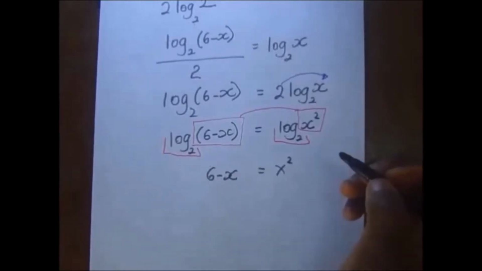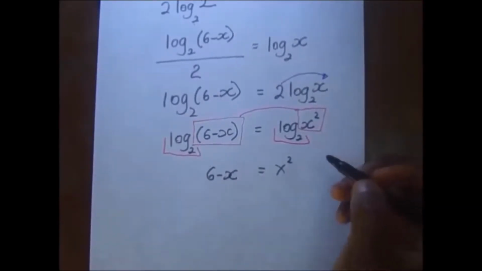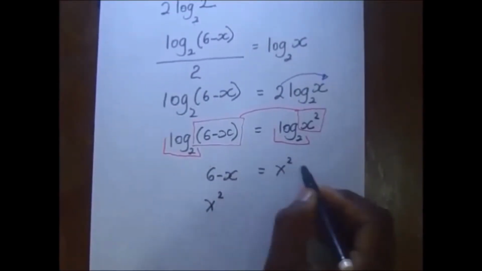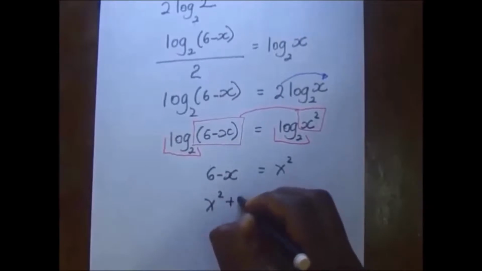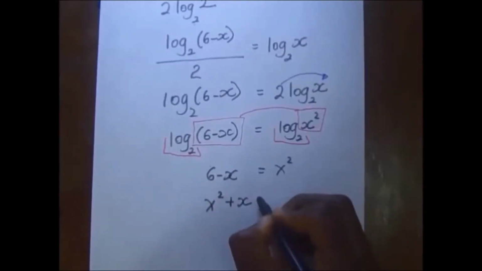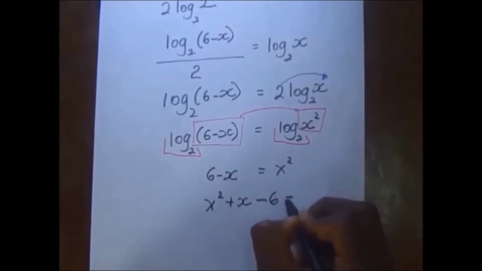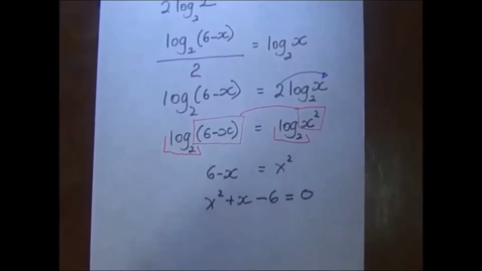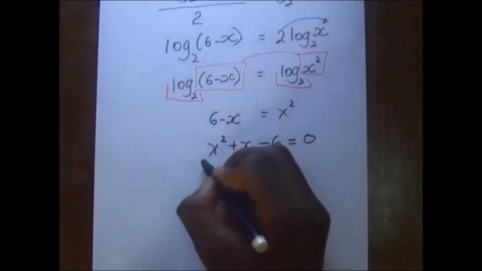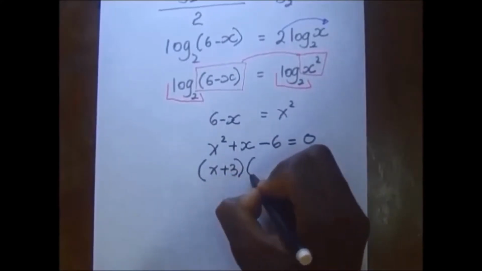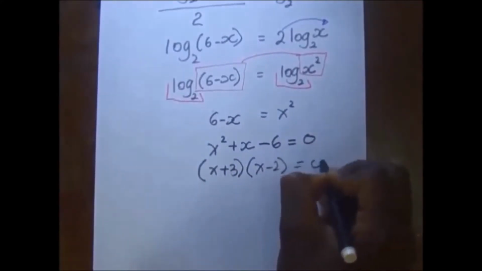Now we regroup that equation and form a quadratic equation. This is going to become x squared. When this x goes that side, it becomes plus x. When this 6 crosses to go that side, it becomes minus 6 is equal to 0. So we form the quadratic equation, find the sum and product of the roots, and we end up with x plus 3 into x minus 2.